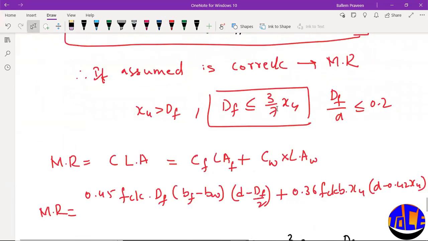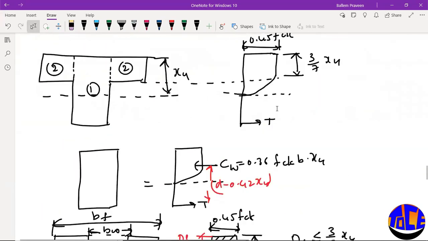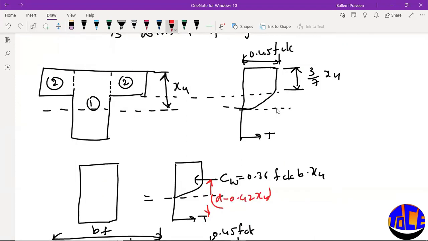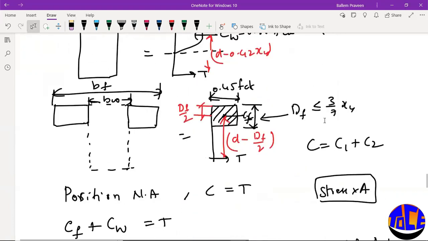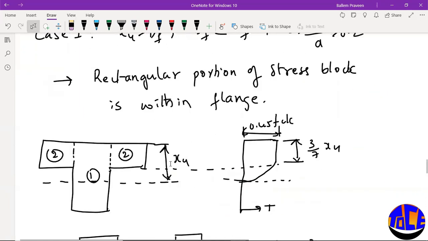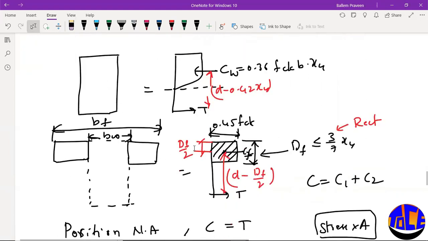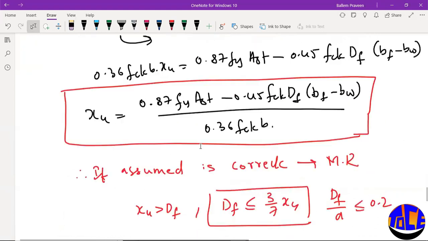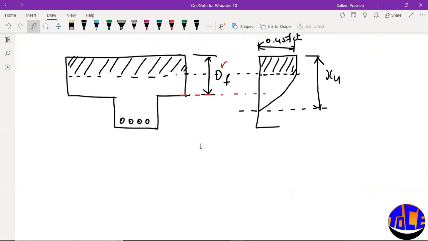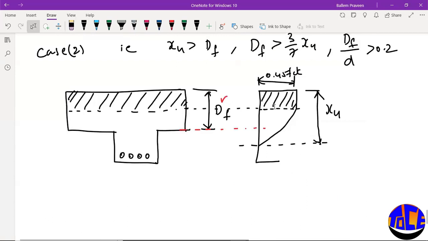Whereas in case 1, the depth of flange is less than or equal to 3/7 xu, which is the rectangular portion. So the rectangular portion is greater than or equal to the depth of flange, and we could simply separate the two sections and calculate.